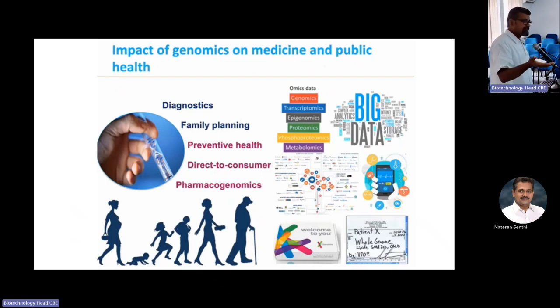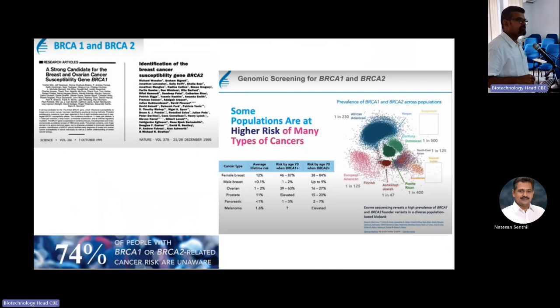Similarly, preventive health, and pharmacogenomics also, is a very important field. One prime example is for breast and ovarian cancer, where BRCA1 gene susceptibility is found across different populations. So a lot of research has been done in these areas.